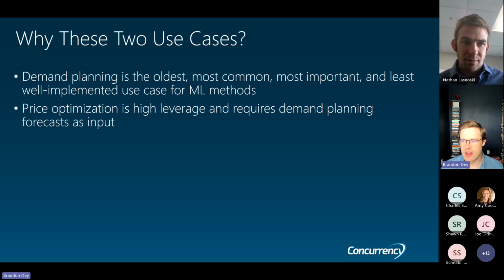I see a lot of value being left on the table some of the time. And we have hard-won advice for how to prevent that. On the price optimization front, it's very high leverage and it requires a demand planning forecast as an input to it. That's why we're talking about it in tandem.